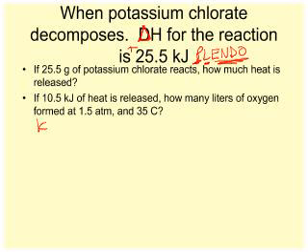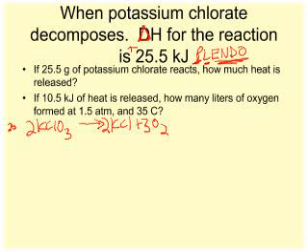So potassium chlorate is KClO3. And when KClO3 decomposes, it forms KCl plus O2. To balance this, I'd have to put a 2 here, a 2 here, and a 3 here. Now, if the delta H is 25.5 kilojoules, I would have to sneak my 25.5 kilojoules here.